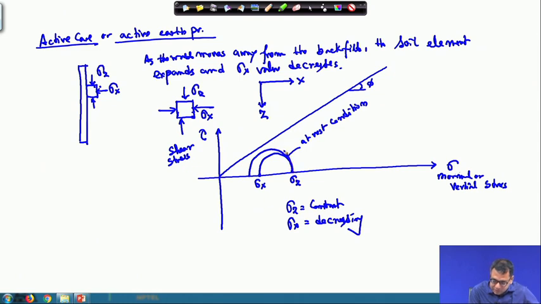So, the Mohr circle, this is the lowest sigma x value, that is the minimum sigma x value. You cannot get a sigma x value lower than this, because your Mohr circle touches the line, and any Mohr circle will not exist above this line, remember that.